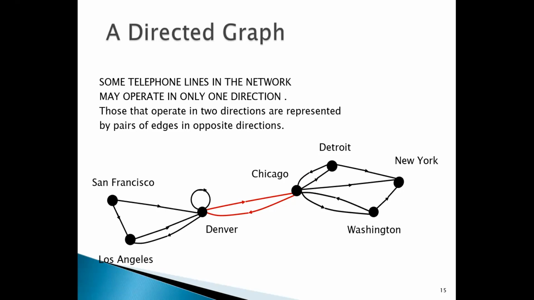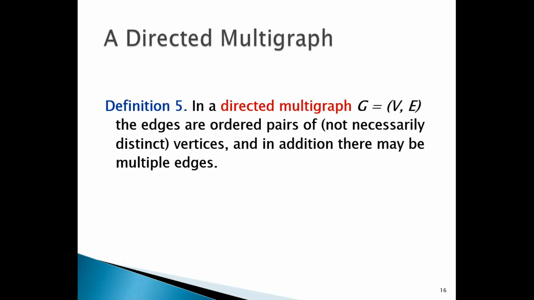According to the arrow, this line originates from San Francisco and terminates in Denver. So you need to write the starting point first and then the finishing point. This order you need to maintain. That's why it is called an ordered pair of vertices. If you write the ordered pair of vertices, then it is called the directed graph, and you need to follow this type of order. Okay, so I hope you understand the directed graph.